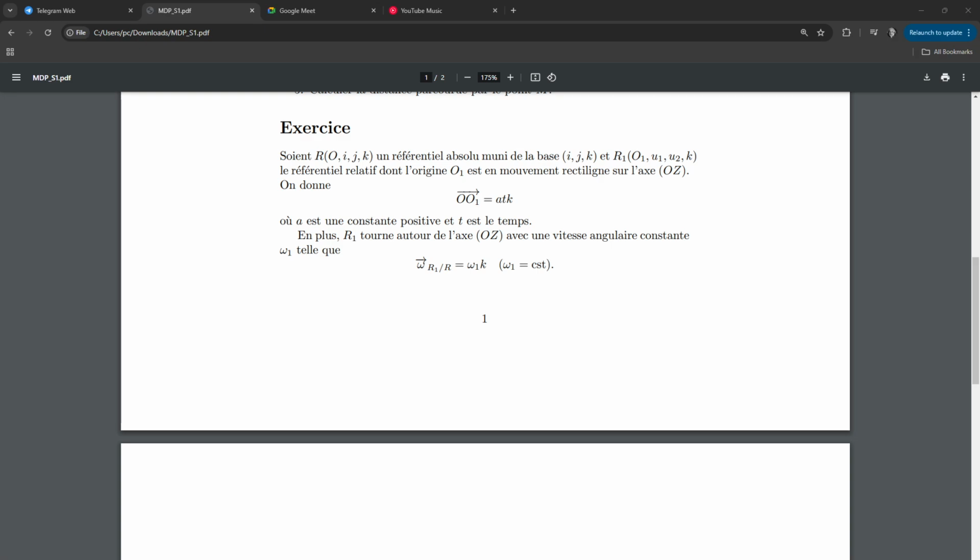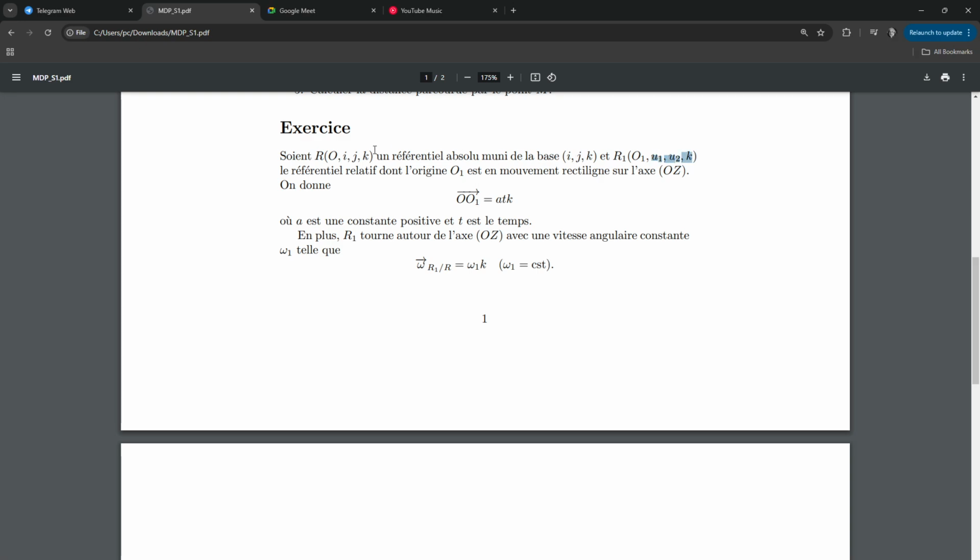The question is saying, soit R, (O, i, j, k), un référentiel absolu muni de la base i, j, k, et R1 with the origin O1, and then the vectors u1, u2, k.